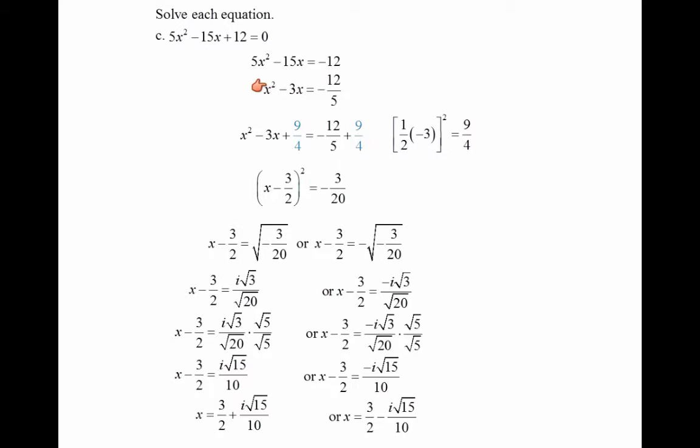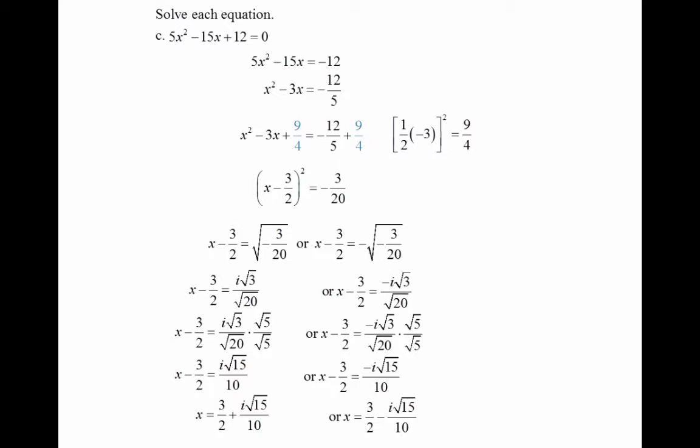To complete the square here, first I have to make sure that the coefficient of x squared is equal to 1, which it is. Then we take the coefficient of x, which is negative 3. We divide it by 2, or multiply by 1/2, and then we square it.